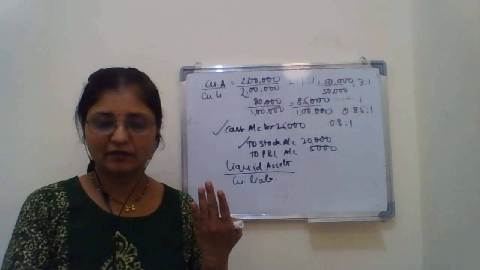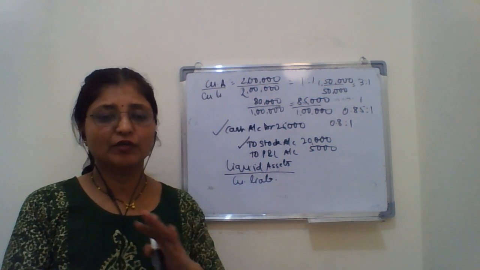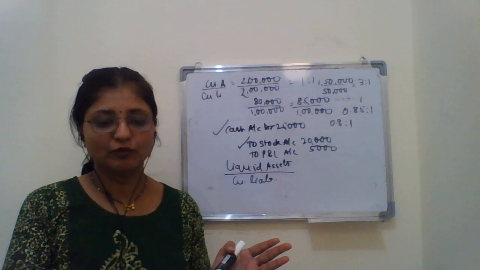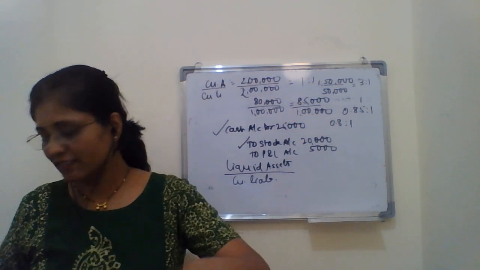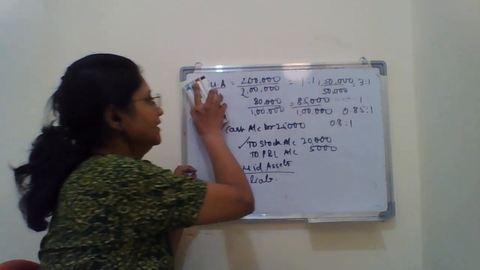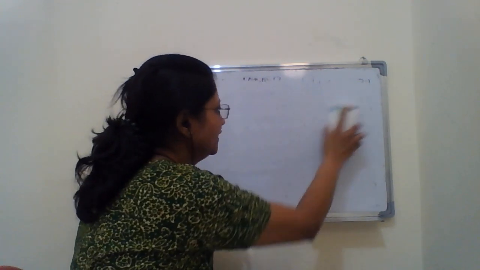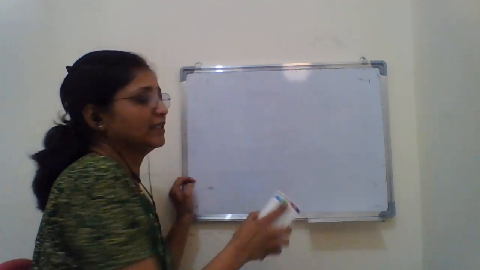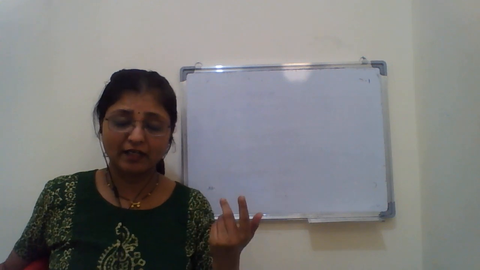First of all, you have to remember we are calculating quick ratio. In quick ratio, inventory is not included. So purchase of inventory for cash. What is the entry for that? Entry is inventory account debit to cash. Inventory is a part of current assets, but it is not a part of quick assets.